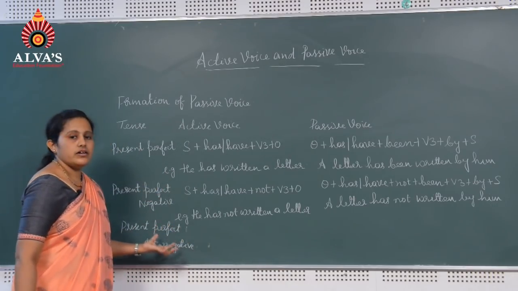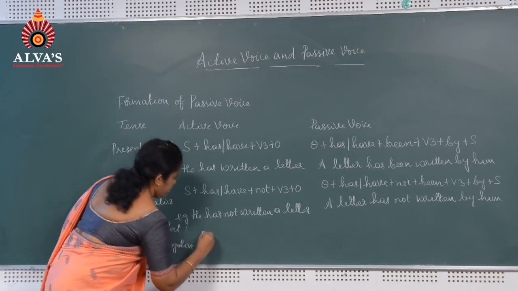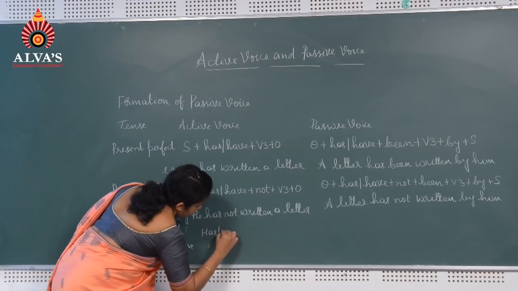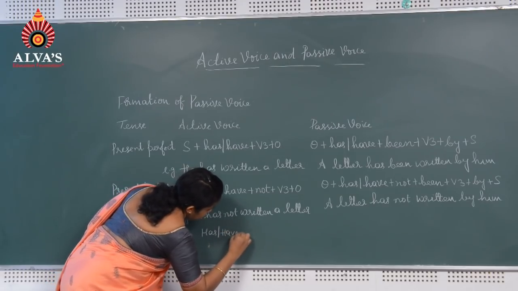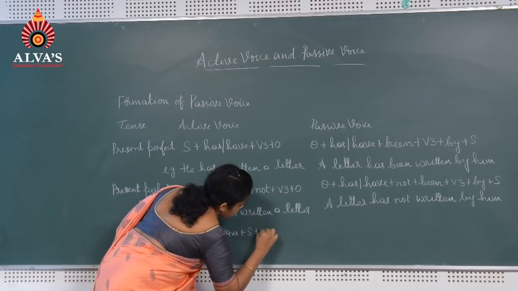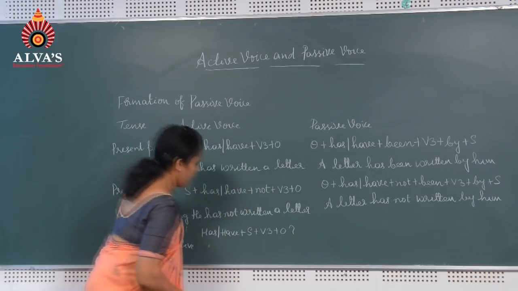See here, the formula is has or have plus subject plus V3 form plus object, then question mark.